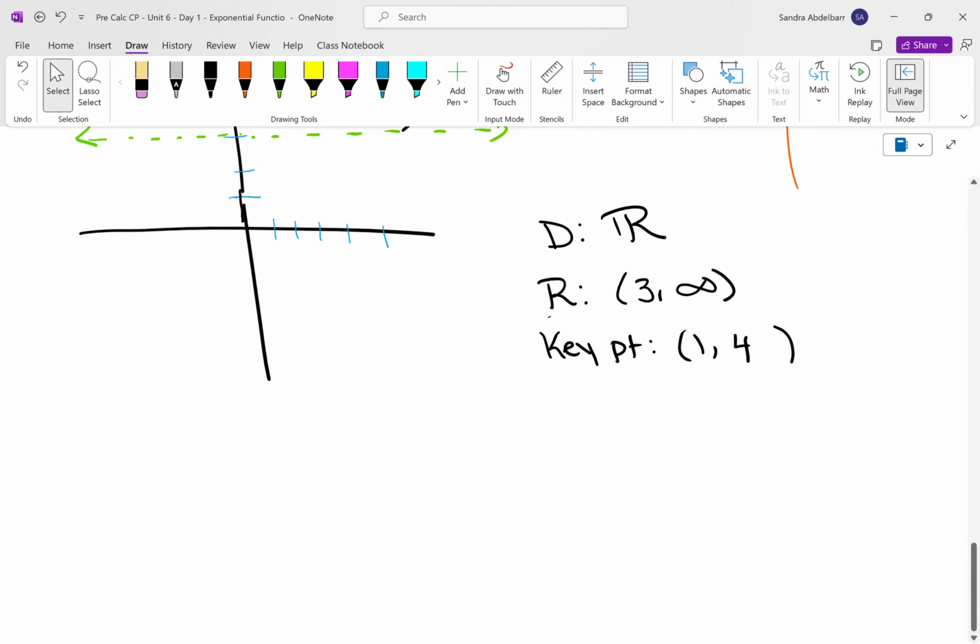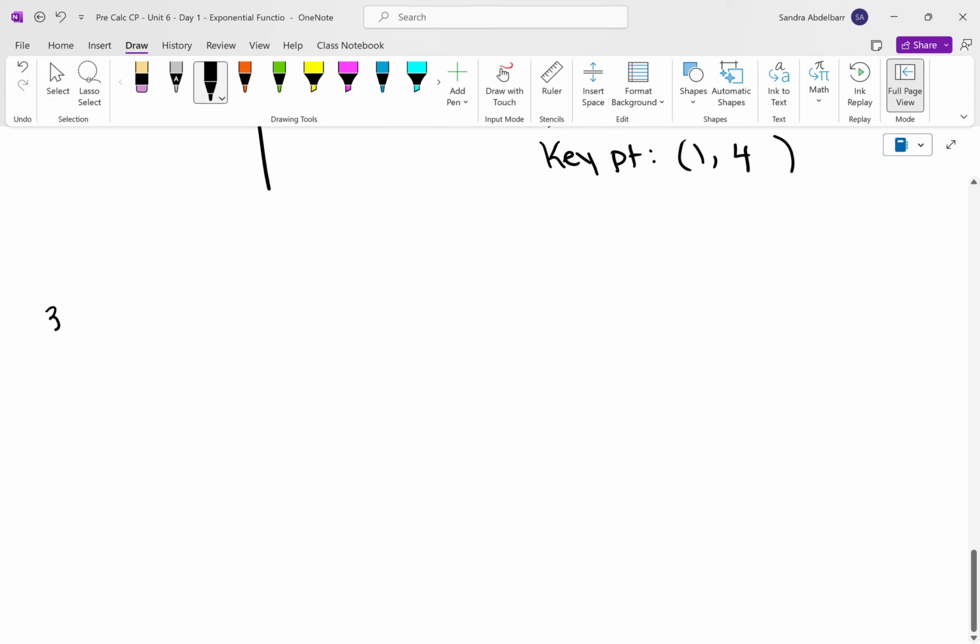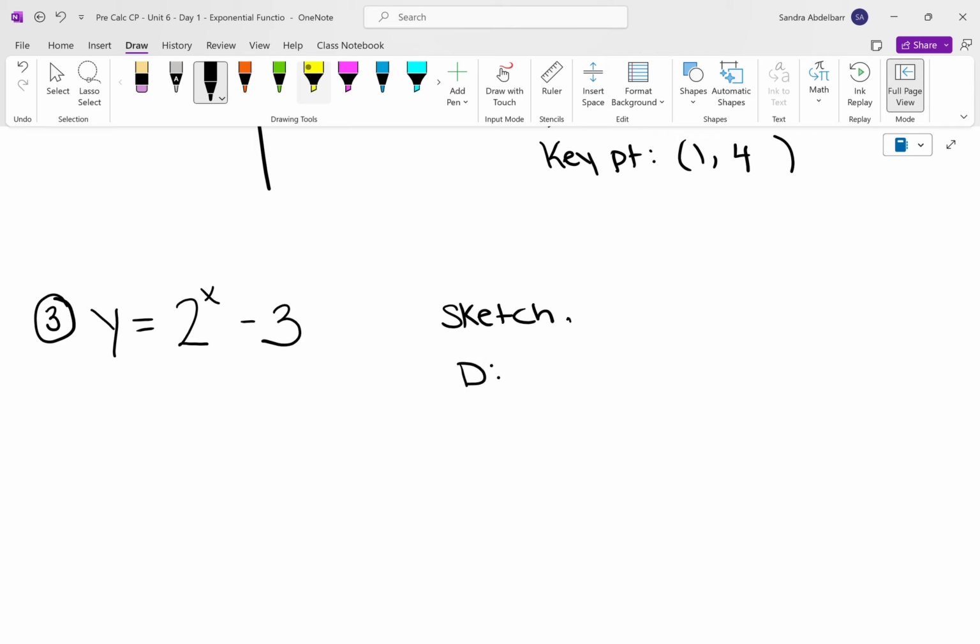Okay, how about you guys try one on your own and then we'll call it a day? Are these always going to be a function? It will always be a function. So I want you to sketch, identify the domain, the range, the key point, and the horizontal asymptote.